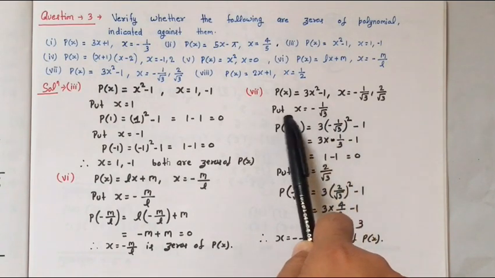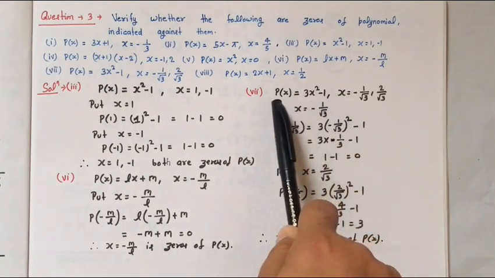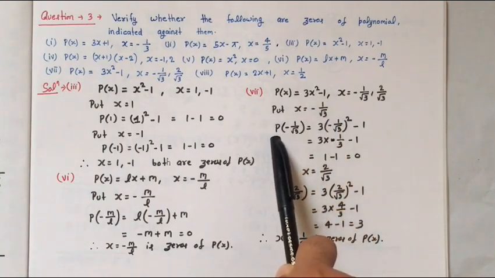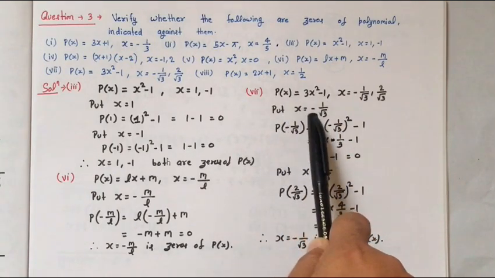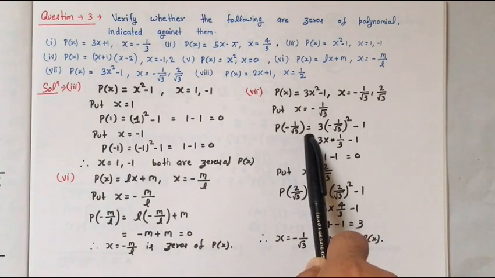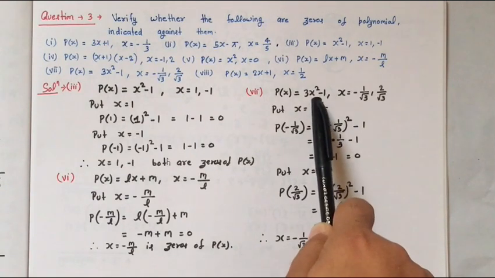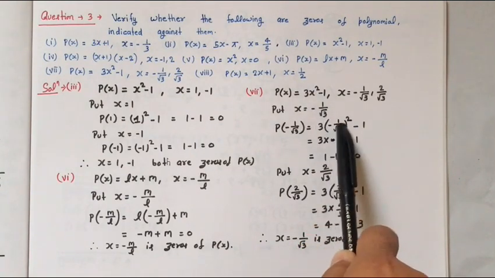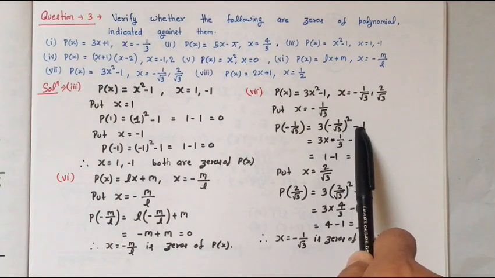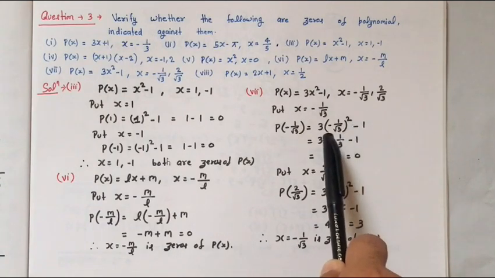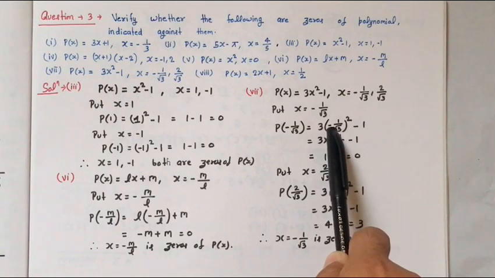Okay, put x equals minus 1 by root 3 in the given polynomial. P of minus 1 by root 3 is equal to 3 times, in the place of x, minus 1 by root 3 whole square, minus 1. Now this is 3, and the square of minus is plus.